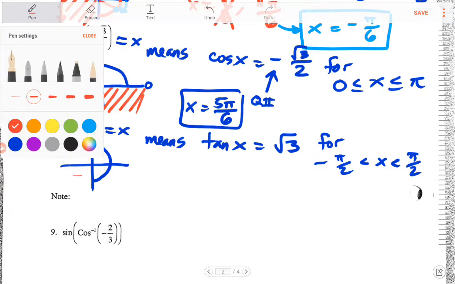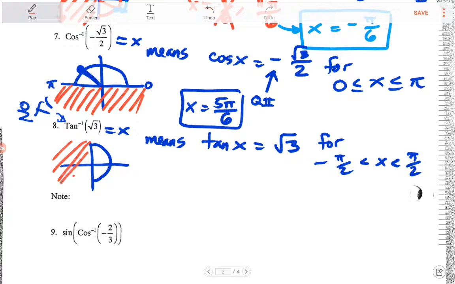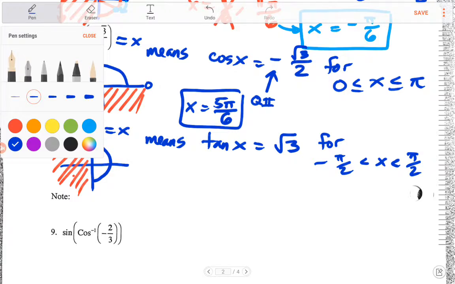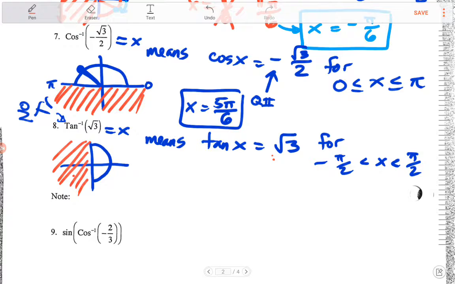Let's draw the restricted area again. We do not want anything in quadrant 2 or quadrant 3. Now as we take a look back at our problem, because tangent is positive, and we're contained within these two quadrants, we're going to have our answer here.